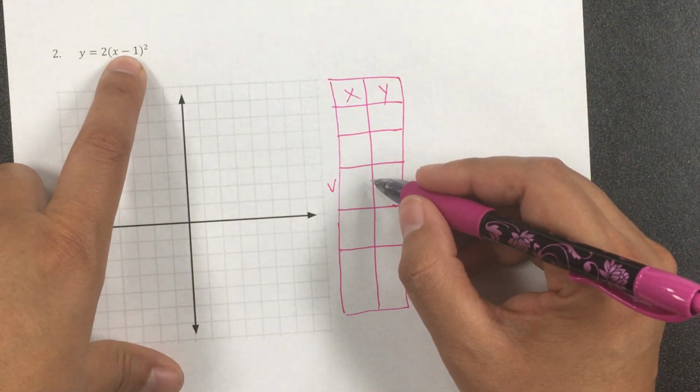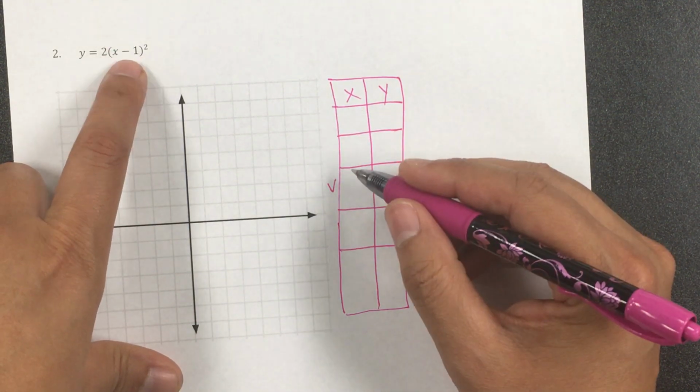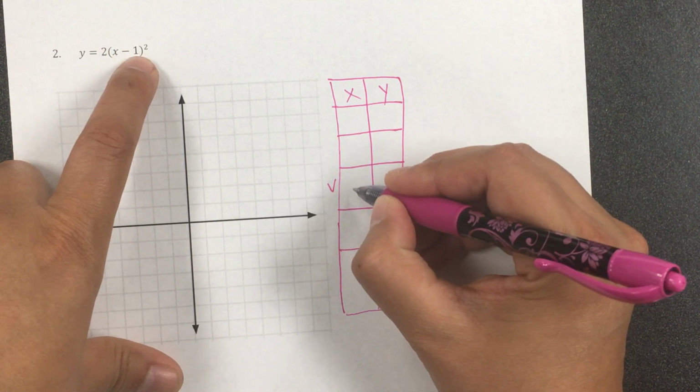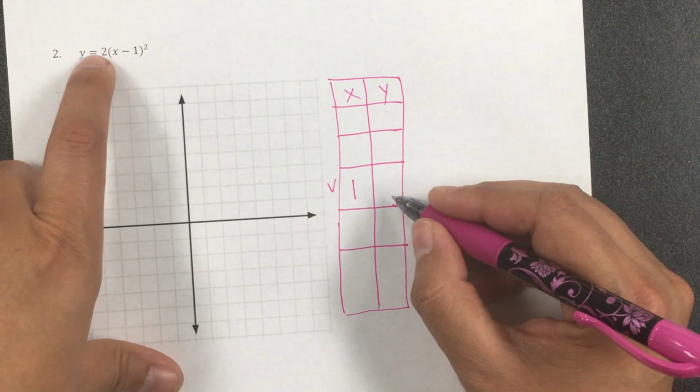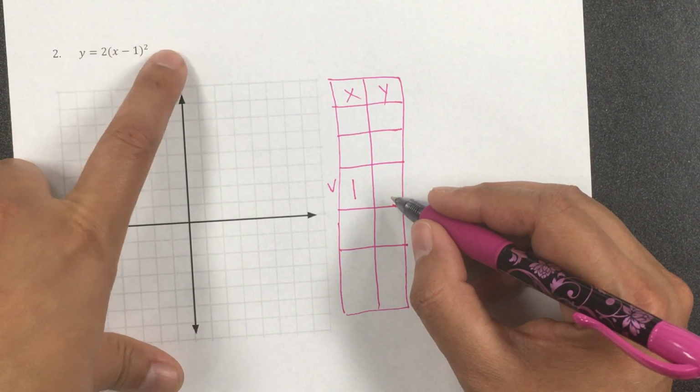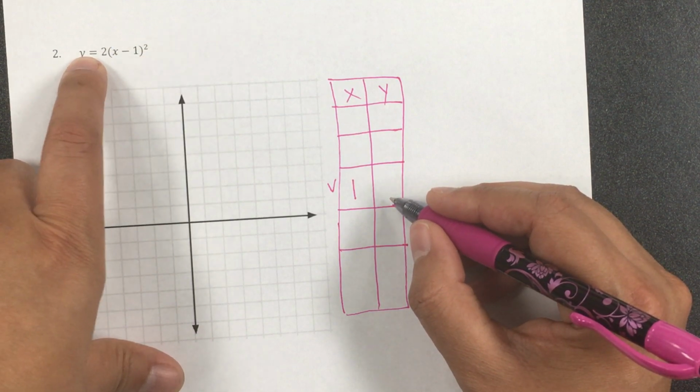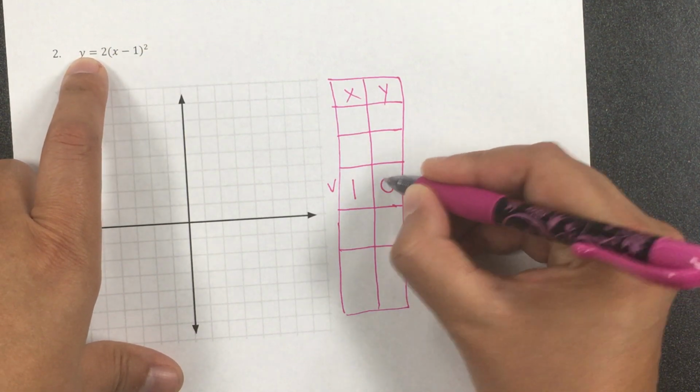The vertex, remember that x is the opposite. So if it's -1, it's +1. And since there is nothing adding or subtracting to the y, it's just going to be 0.